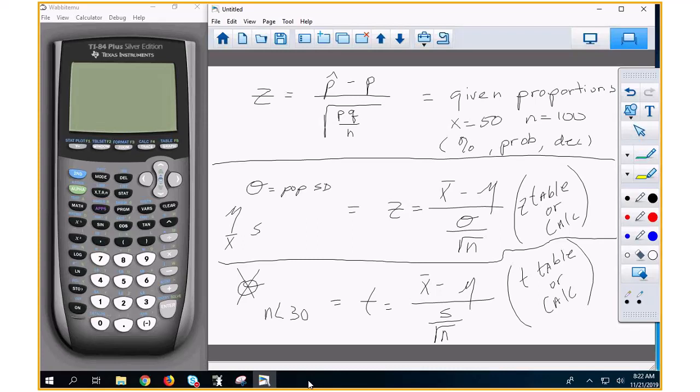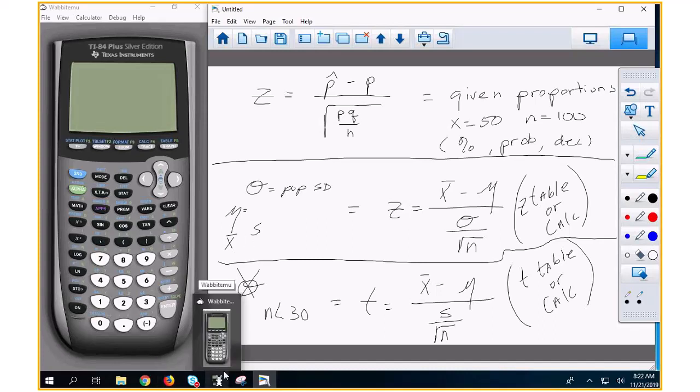For the middle formula, underneath the sigma equals population standard deviation on the left. Right here? Yeah, what is all that? Mu is what? Mean? What is the mean of what? It's a Greek letter. What is the mean of? Population. What is x bar? Mean. The sample what? Mean. What is s?